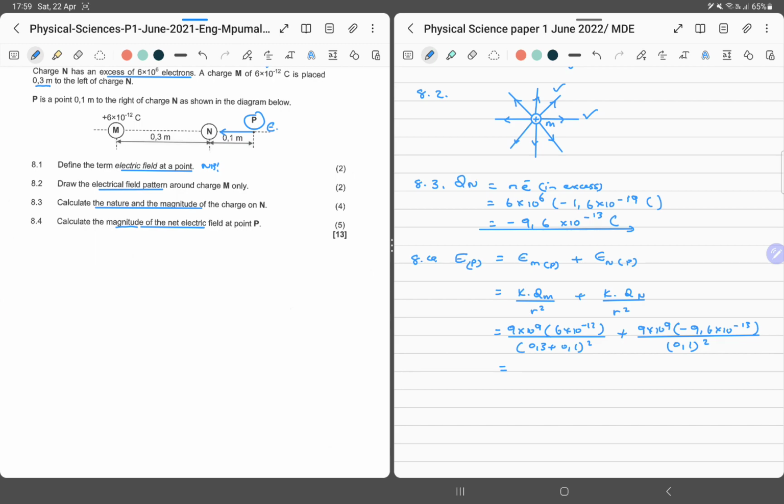So the answer here is a hectic one. It's minus 0,5 to 2 decimal places is 5.3. Remember, this is newtons per coulomb. And then, remember, they just said the magnitude, so it did not need the direction.